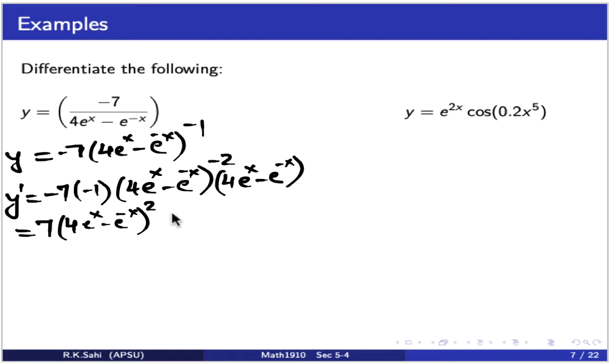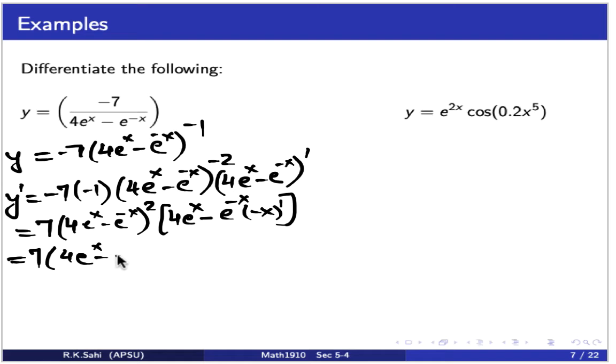Now the differential of this function is going to be 4e to the power x minus e to the power minus x times the differential of minus x. So what are we getting? 7 times 4 e to the power x minus e to the power minus x, to the power minus 2. Okay, let me get some space here.